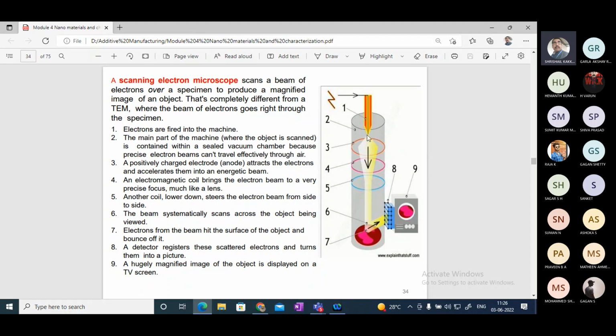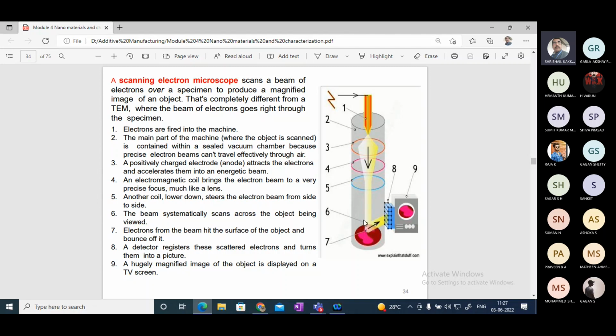These electrons scattered from the gun will be redirected by many coils and lenses, so that systematically these will be focused onto the specimen. This particular range is called the systematically arranged electron beam. It will be focused onto the specimen, and this is the specimen.